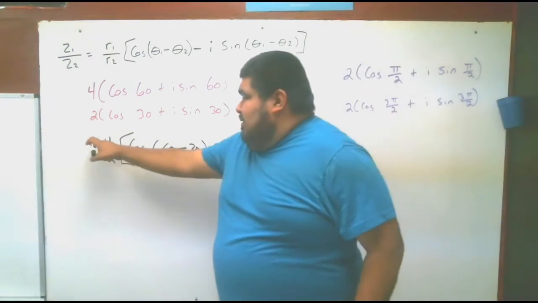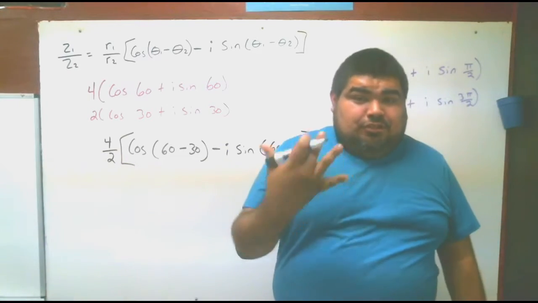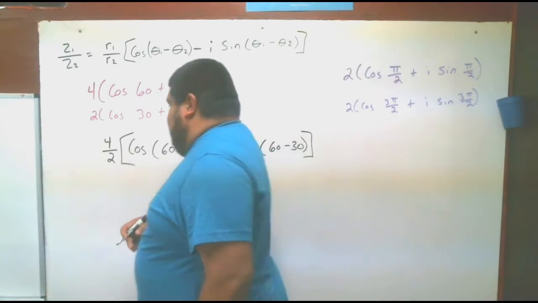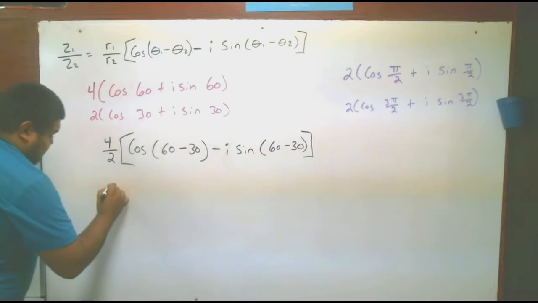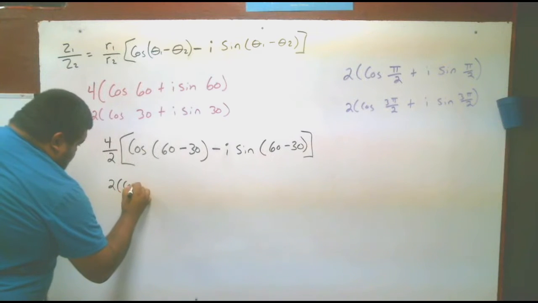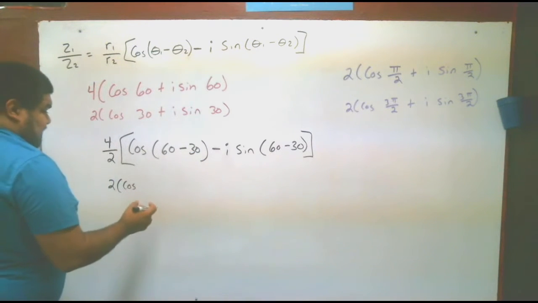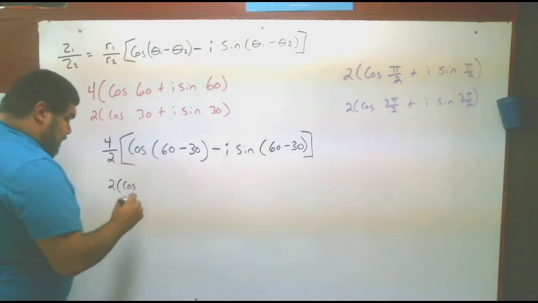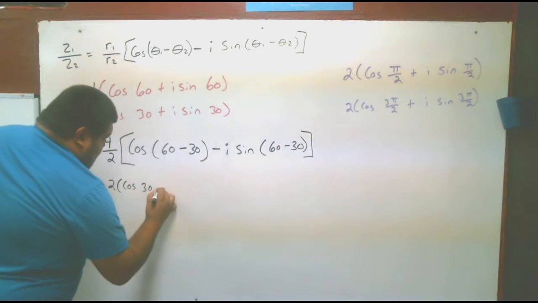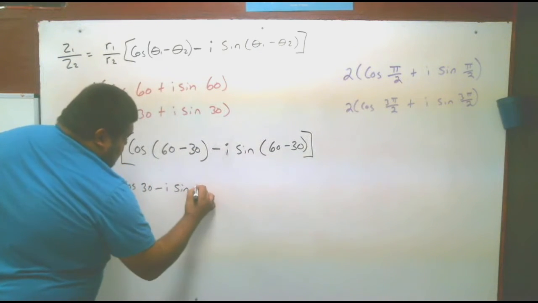Alright, 4 divided by 2 is 2. Okay? So 2 can go into 4 two times. So 2 cosine of 60 minus 30, which is just 30, minus I sine of, again, 60 minus 30 is just 30.